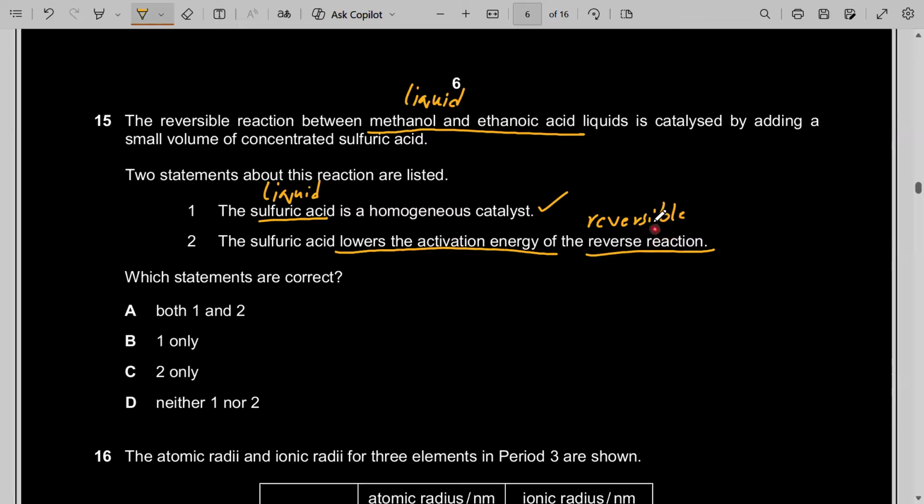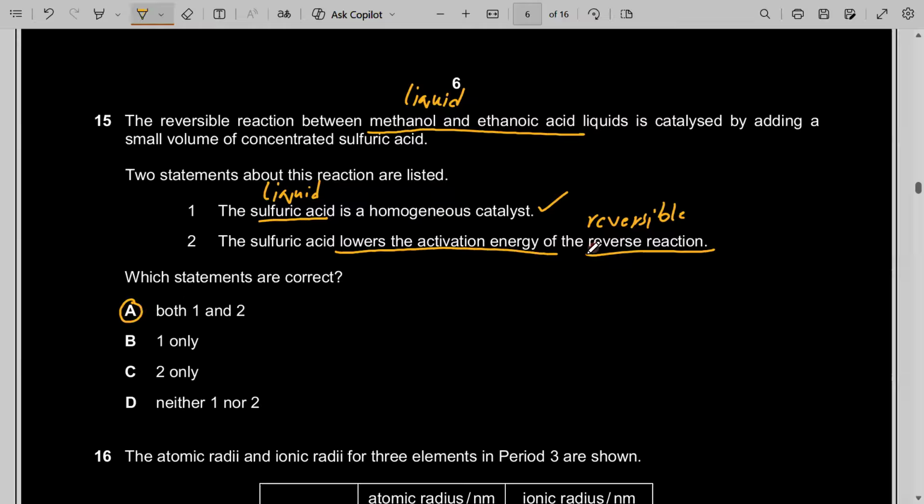I have a strong reservation over here that the word is not correct. It should be the word reversible here, because if you go to the mark scheme, the correct answer written is A. A is the correct option in the mark scheme.